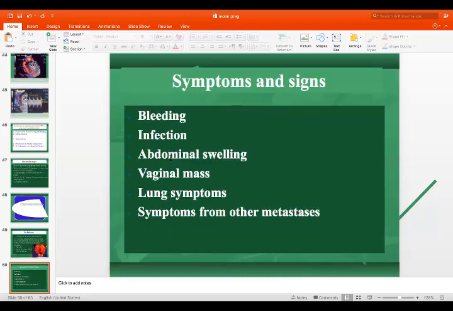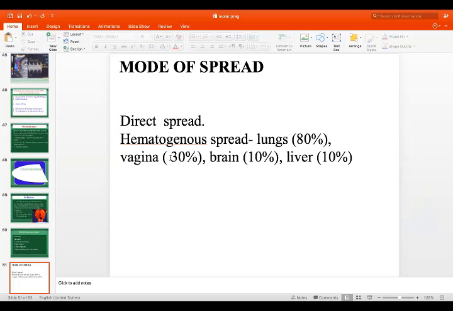Signs and symptoms are the same: bleeding, infection, abdominal mass or vaginal mass, and symptoms from other sites of metastasis. Spread is usually direct, and hematogenous spread is mostly to lungs in about 80% of cases, to vagina in 30%, to brain in 10%, and liver in 10%. So it may spread directly or through blood.